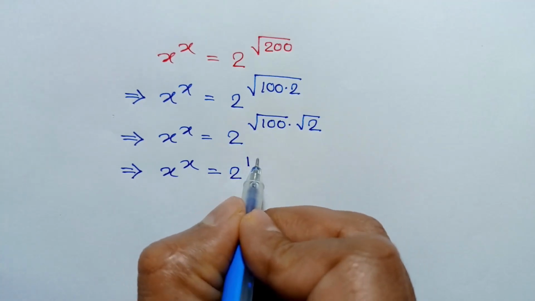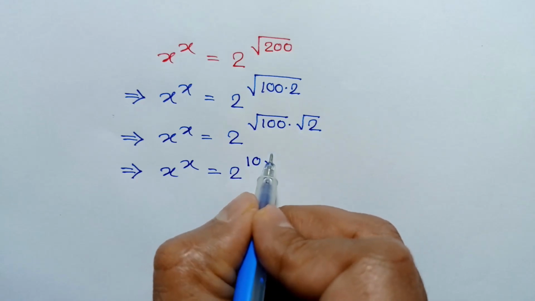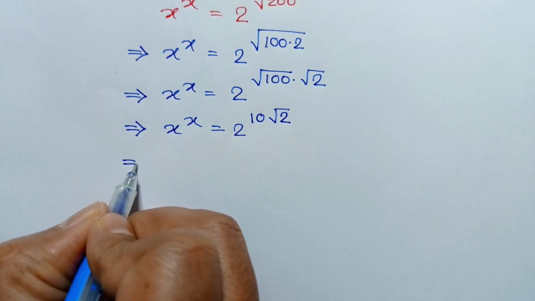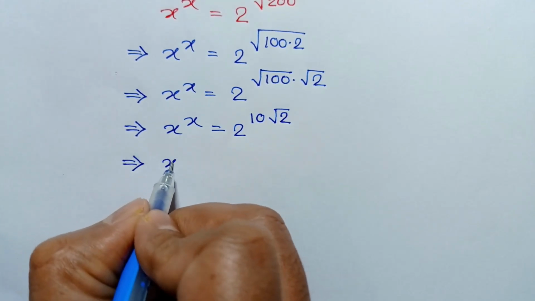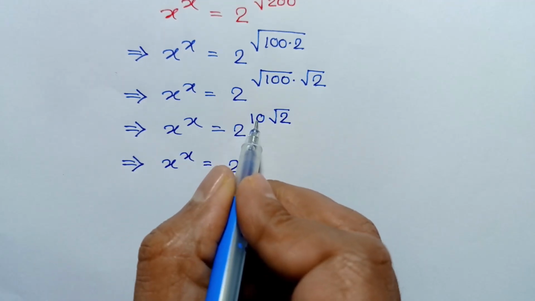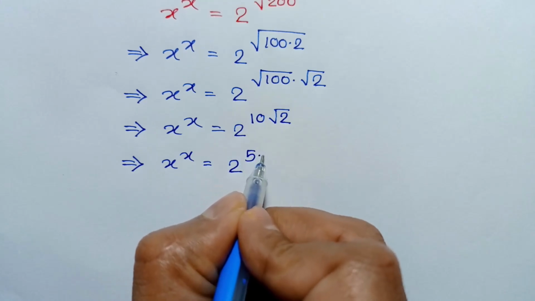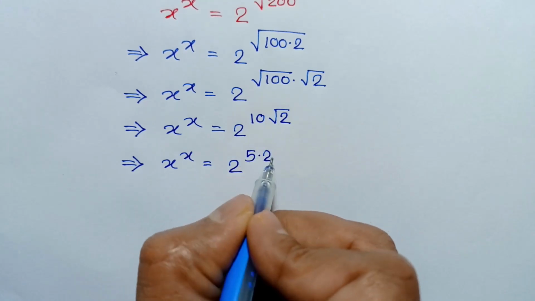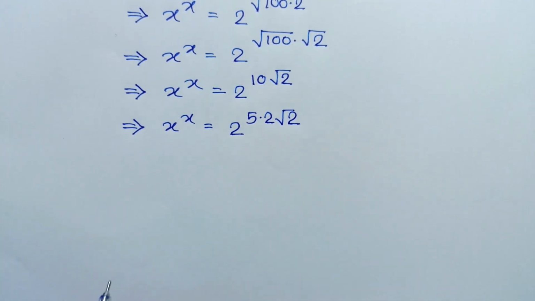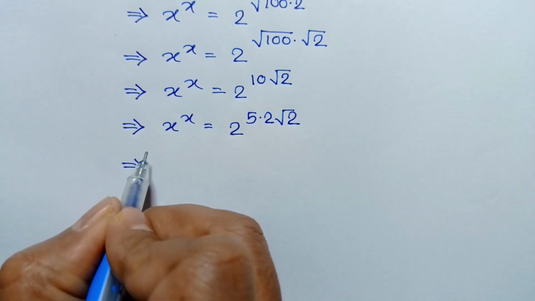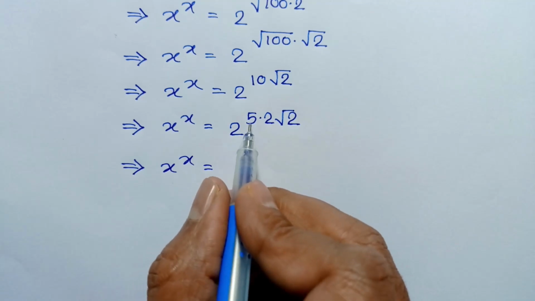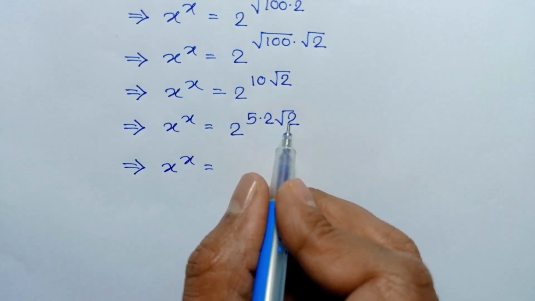This is 10, and this square root of 2, or x to the power x is equal to 2 to the power 10, which is 5 times 2. This is 10, and this square root of 2, or x to the power x is equal to 2 to the power 5 times 2 square root of 2.